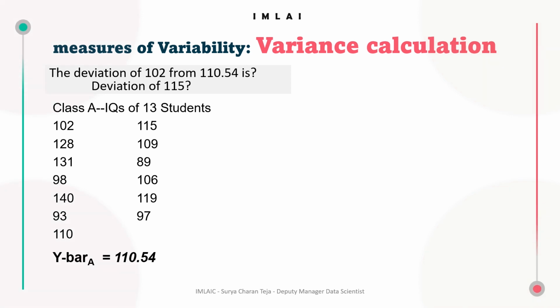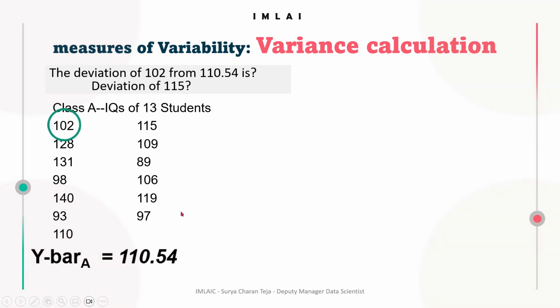Now I want to know the deviation of a student whose IQ is 102 from 110.54. So 102 is the point of interest, and we calculate 102 minus 110.54. Similarly, we have to calculate the deviation of a student whose IQ is 115 from the mean. So we will calculate both.